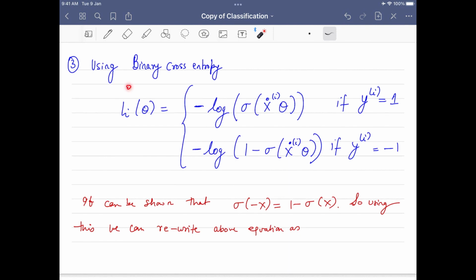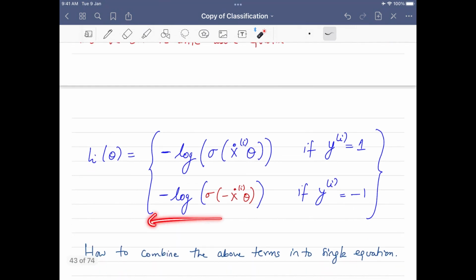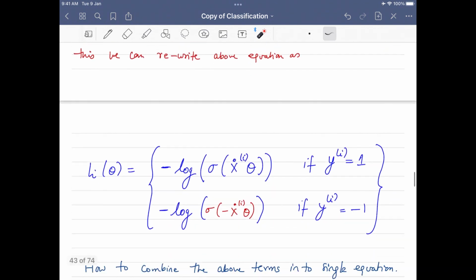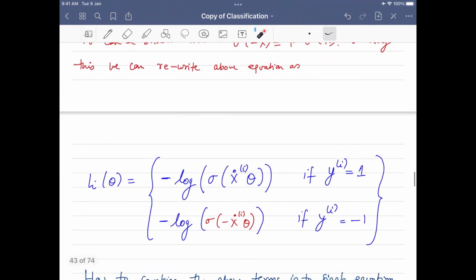So what I'll do is rewrite this function again, and you can write it like this. Here I am using this particular expression to replace the argument which is inside here. This is the way I have written it. It is very simple. Now the second step is how to combine these two conditional statements into a single statement.